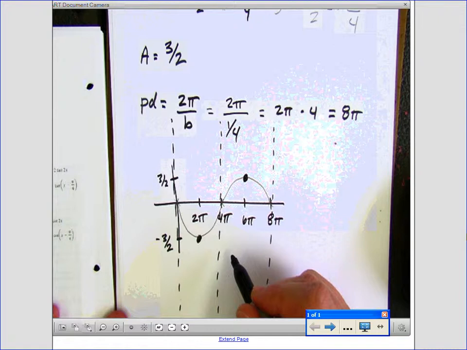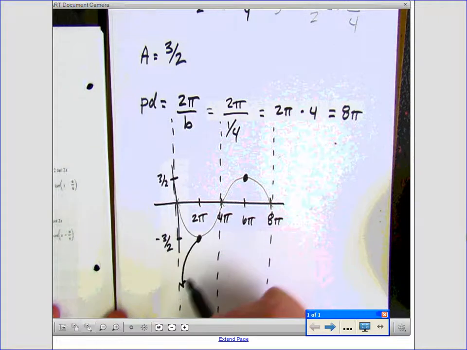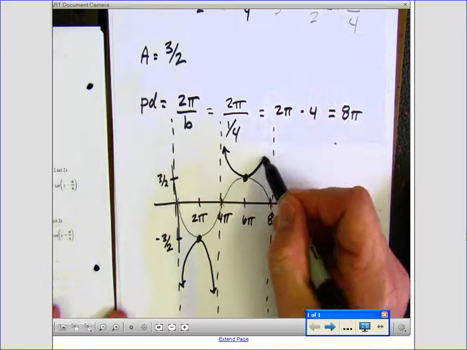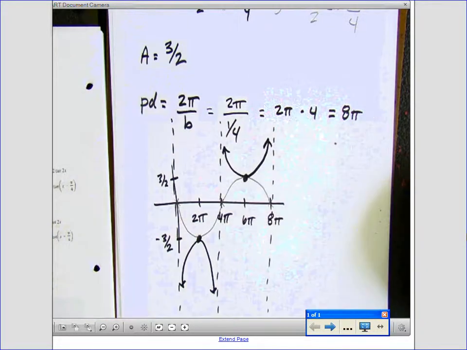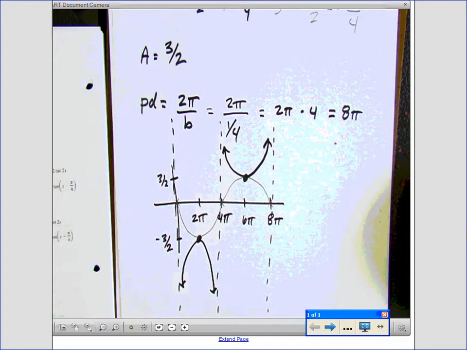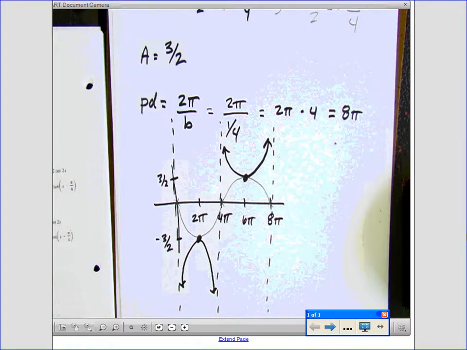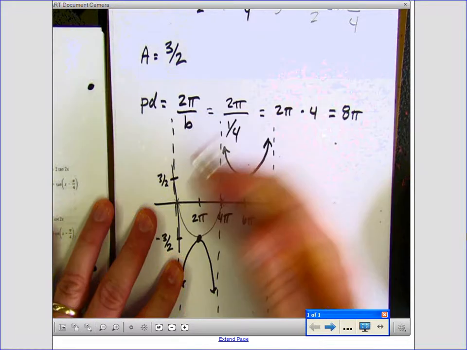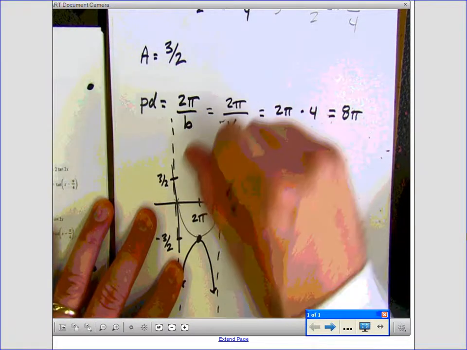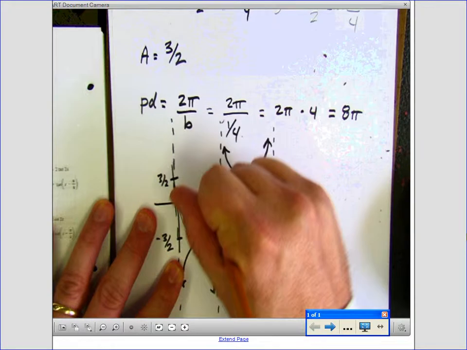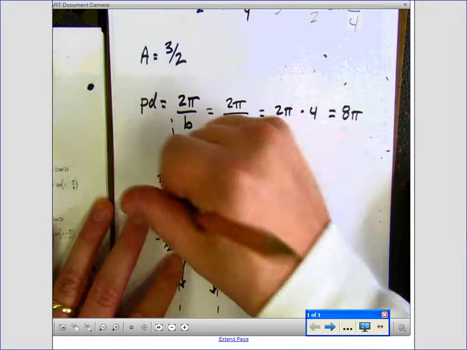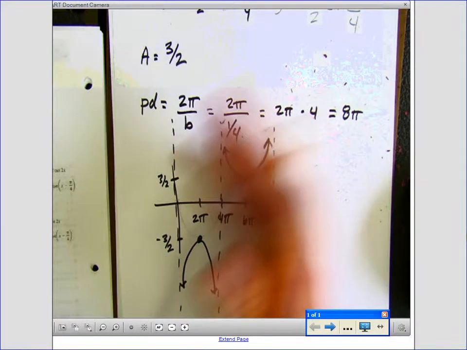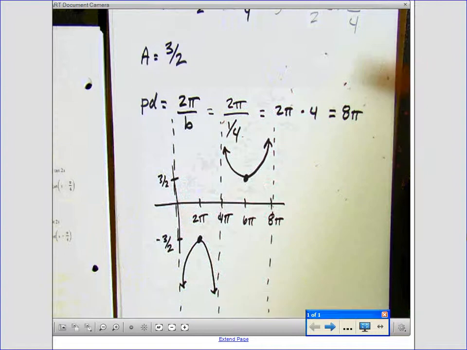The minimum point we chase downwards, max points we chase up. And what else do we need to do there? Erase your sine curve. Okay, that's a pretty one right there.